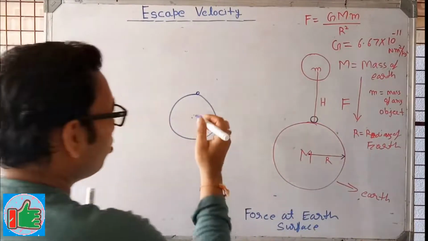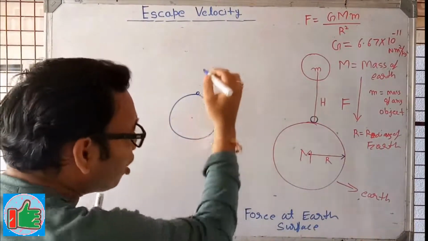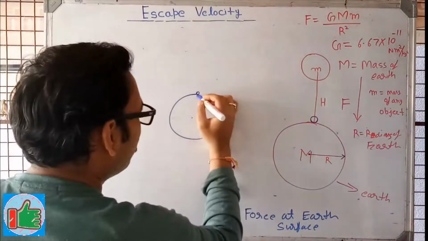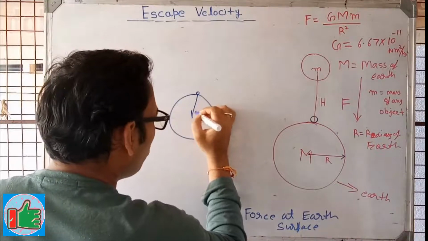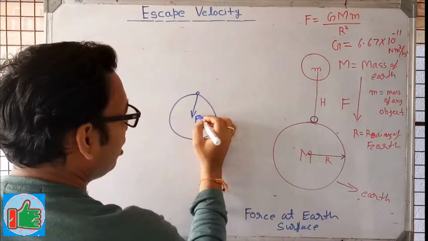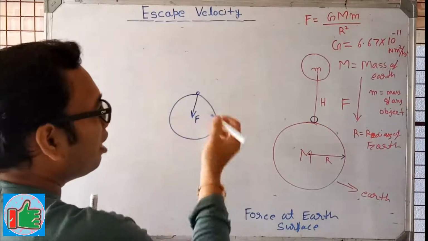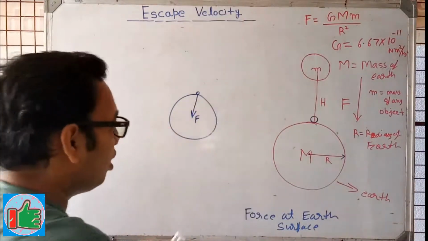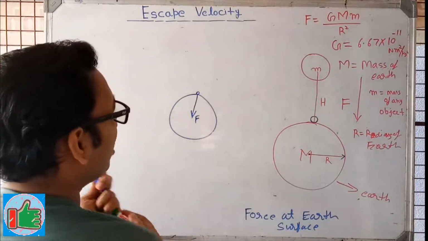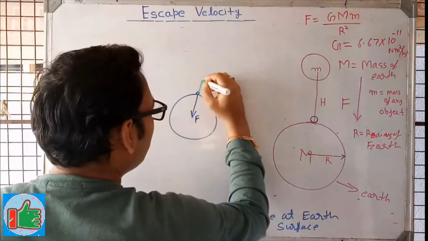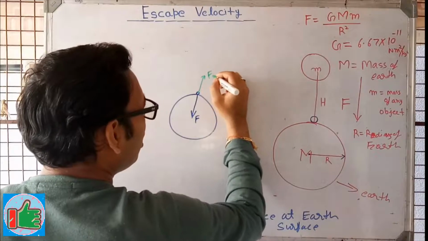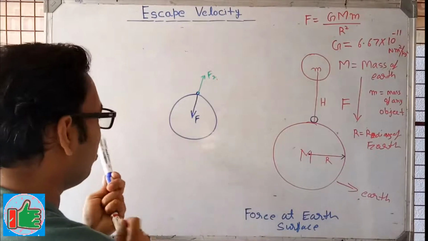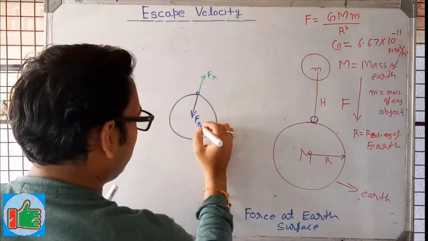Okay, so here earth will pull that object to this side, inside the earth side. So this is one force, you can say earth gravitational force, and the small object will try to escape to the other side. That is the other force, you can say this is F2, this is F earth.